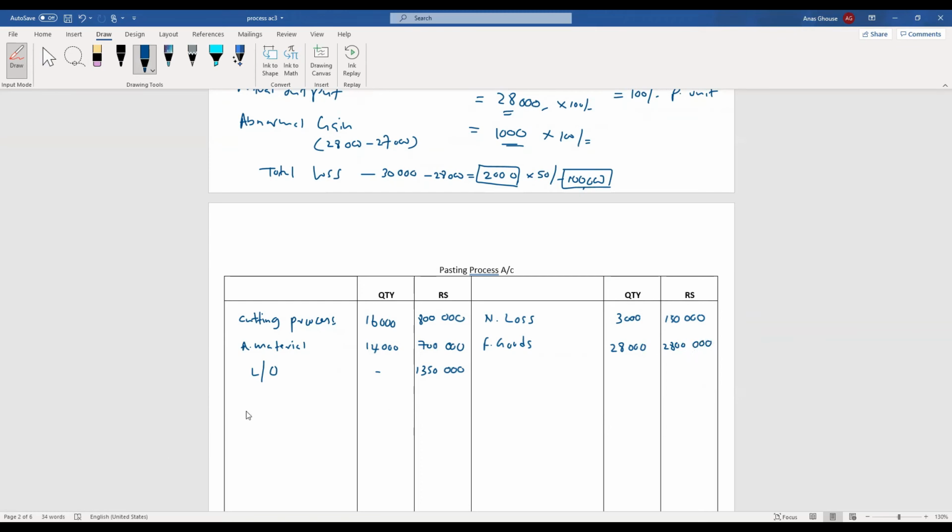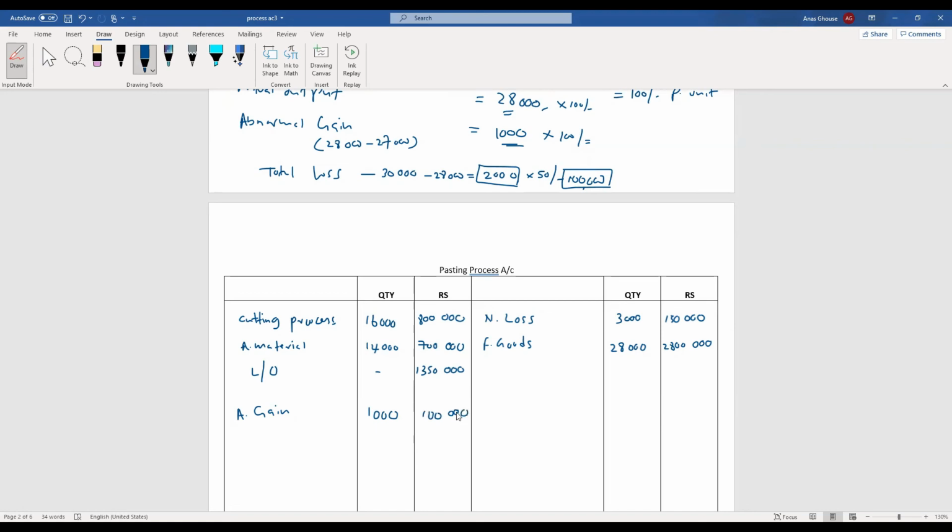Then we have abnormal gain of 1,000 valued at 100, so this will be 100,000.